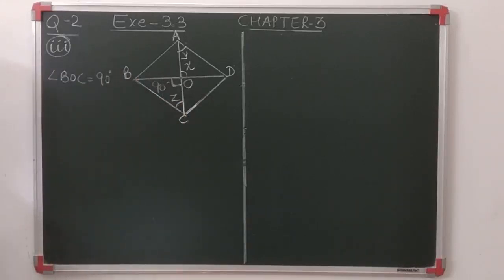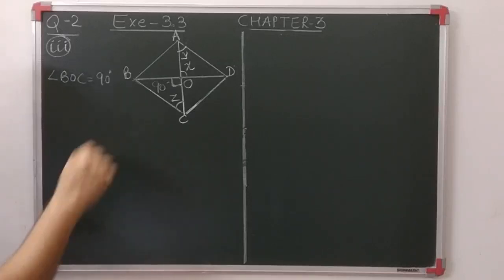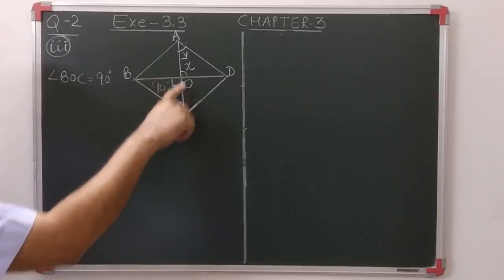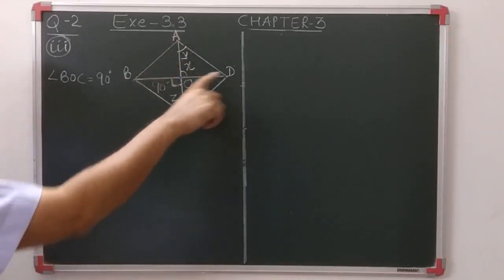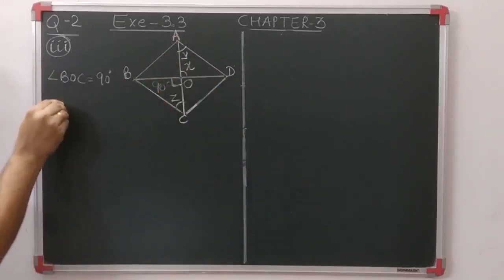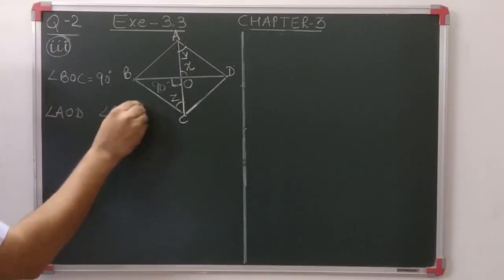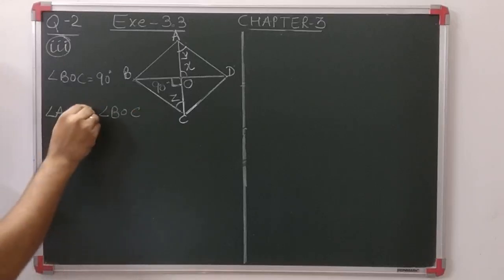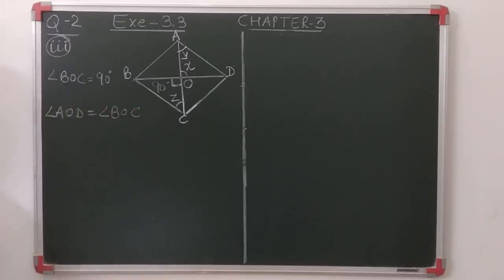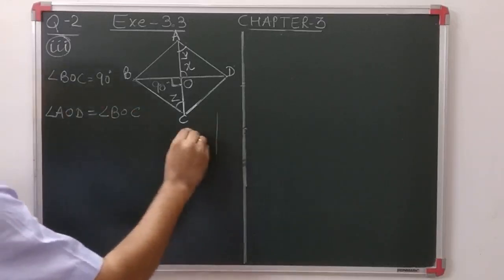Now we should recall what we discussed earlier in the 7th standard, that this angle BOC and AOD, observe this, AOD and BOC, you can see that both the angles are equal. So what reason will we write? You can see they are forming vertically opposite angles.